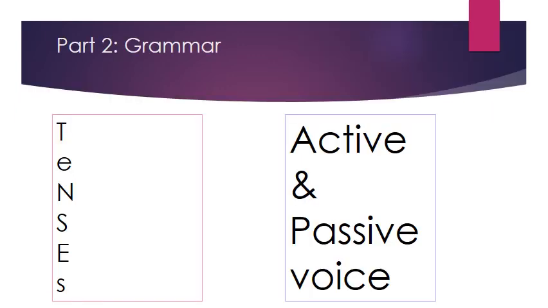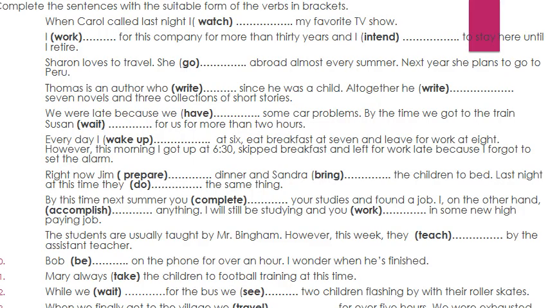Part 2, grammar, which is divided into two parts. The first exercise is about the tenses, and the second is active and passive voice. Selecting the correct verb tense is tricky.